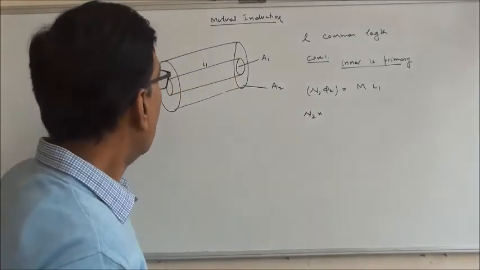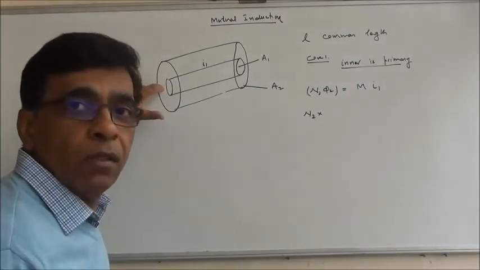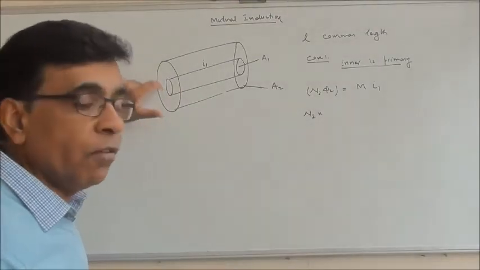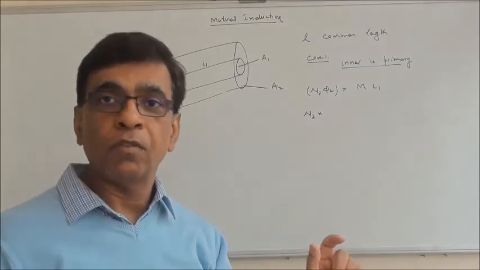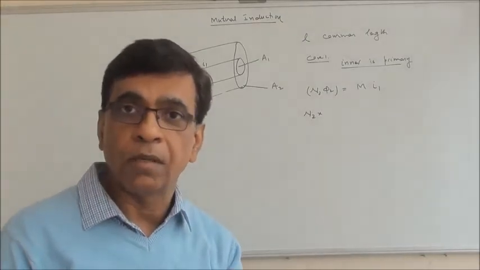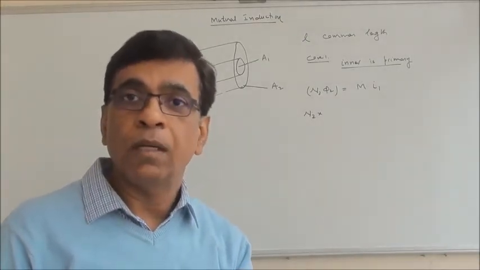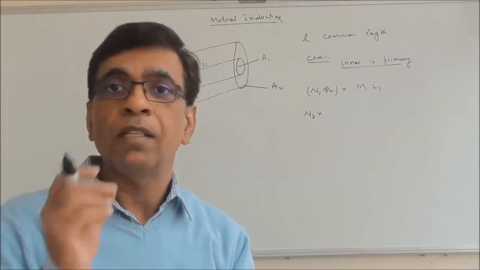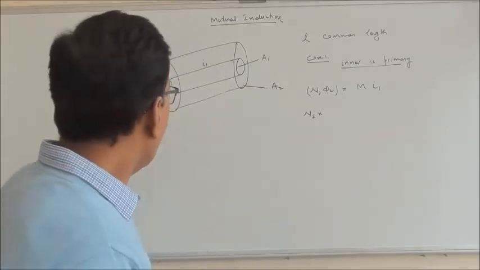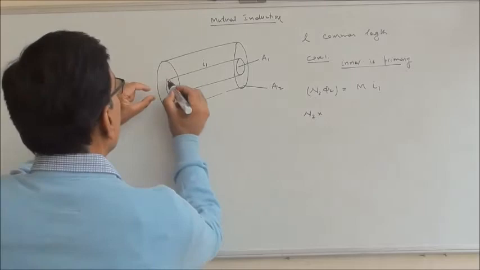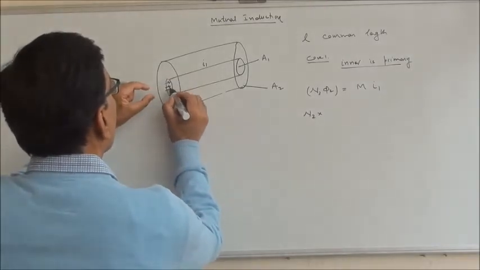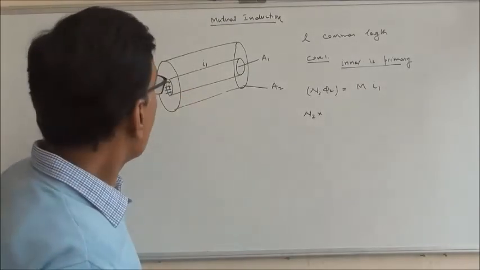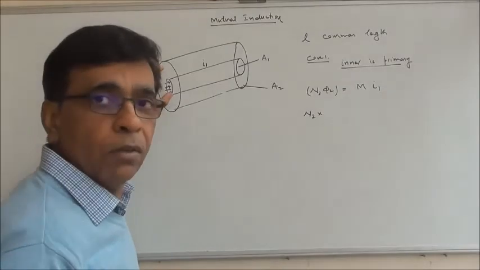Now see, N2 phi 2. When the current is passing through the inner solenoid, and we have taken infinitely long solenoids, for an infinitely long solenoid there is no magnetic field outside, and inside we take it as uniform. Imagine the situation. Suppose these are the field lines passing through it, and outside the field is 0.